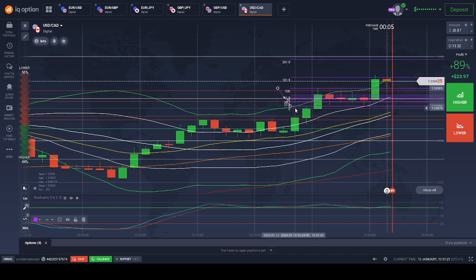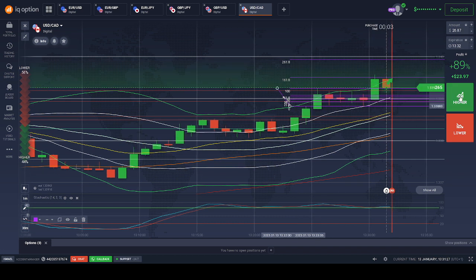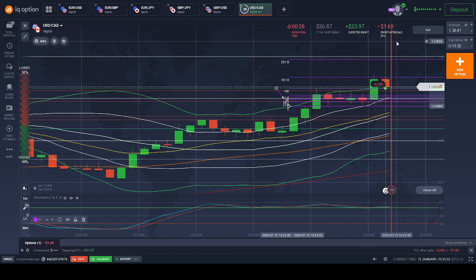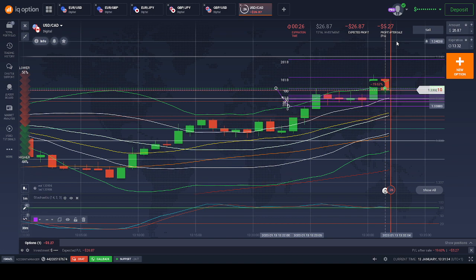For me, it will break out further up. It was not a fake breakout. It will go further up.